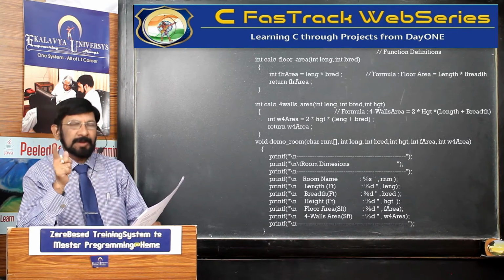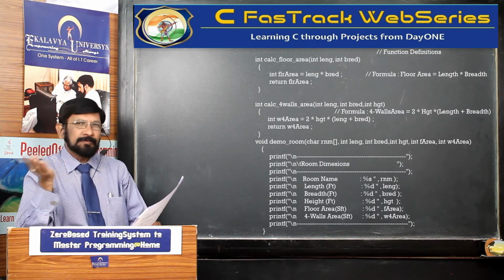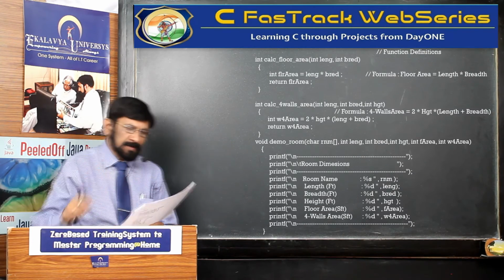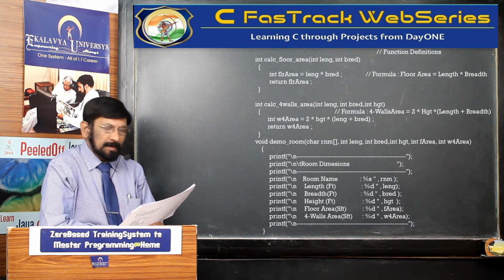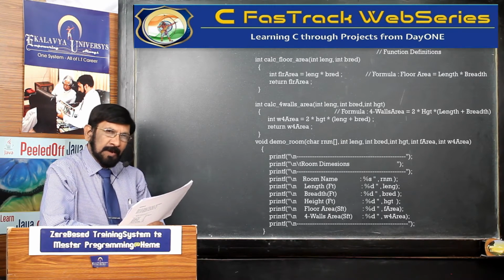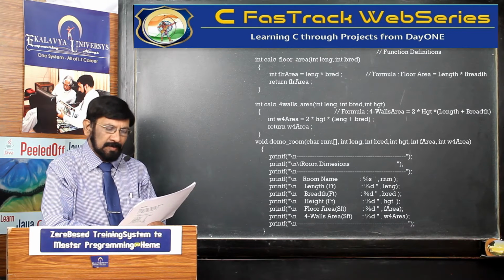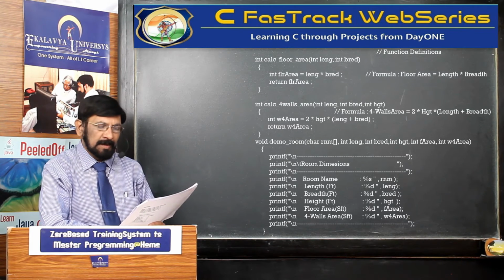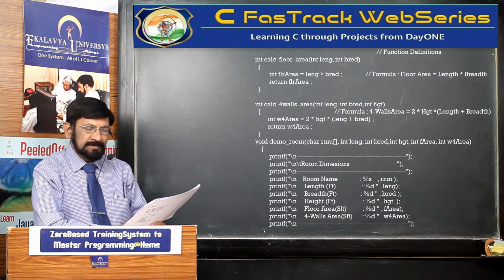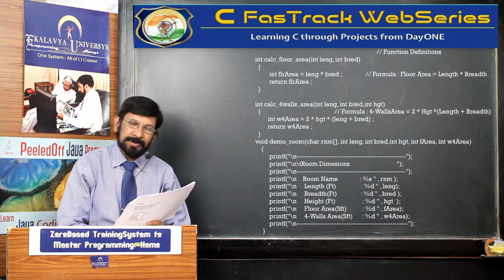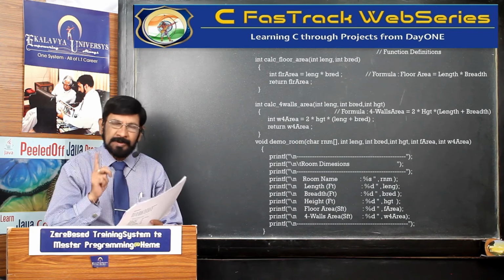But if you are a beginner, don't copy and paste. If you are an experienced programmer, copy and paste. Nothing wrong in that. So here you have to focus on the formal arguments. First one represents name, second one length, third one breadth, fourth one height, fifth one floor area, sixth one four walls area. Names are very important.